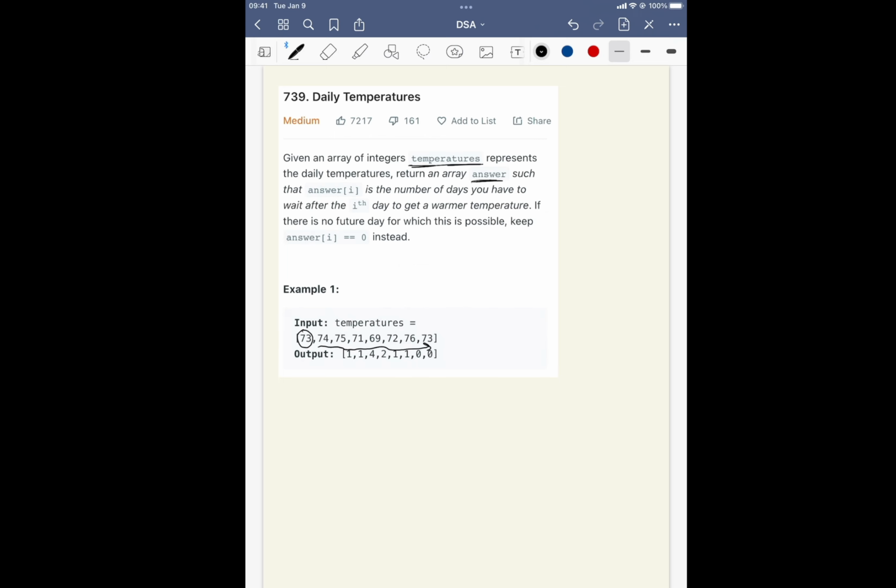So for 73, you would look throughout this entire array. And then for 74, you'd look throughout the entire rest of the array until you find it. For 75, you would look through it. The next, you would look through it, and you continue on that way.